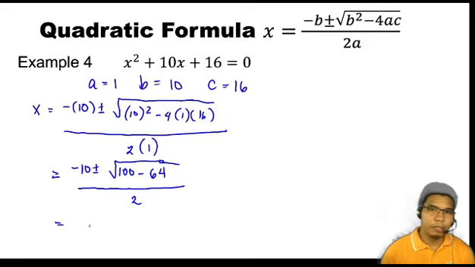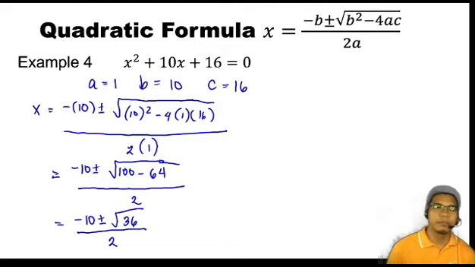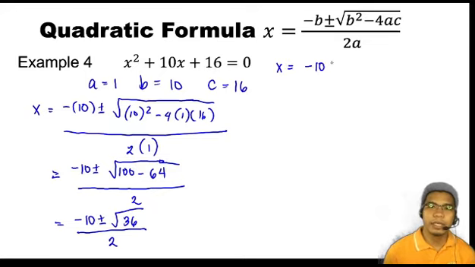Continue with simplification. We have negative 10 plus and minus 100 minus 64 is 36 all over 2. Simplify square root of 36. We have now x equal to negative 10 plus and minus 6, the square root of 36, all over 2.